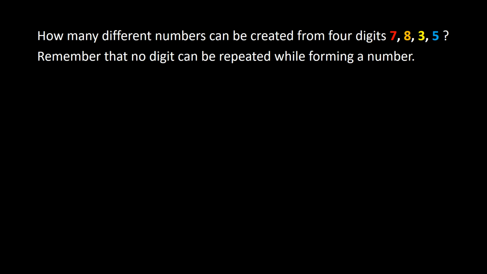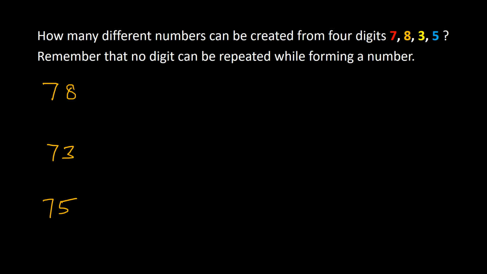So let us see all the numbers which can be formed by using the digit 7. So it can be 7. Now, once we have chosen the first digit as 7, then there can be 3 different ways how the second digit can be formed. For example, it can be 7, 8, or it can be 7, 3, or it can be 7, 5.